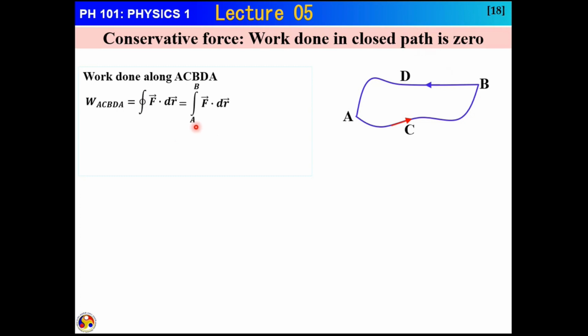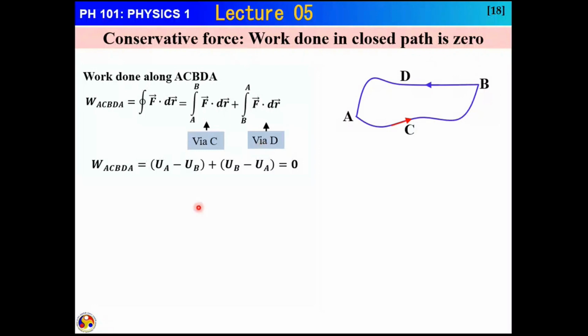So if we are going from A to B, this is the work done via path C. And then for the total work done, we go like this and then come back with this. So the total work done is A to B, F dot dr, and then B to A, F dot dr via path D. You see that the work done going from here to here is UA minus UB, and then the work done coming back from here to here is UB minus UA.